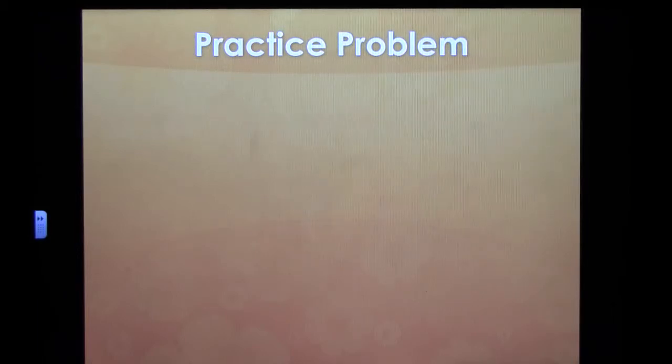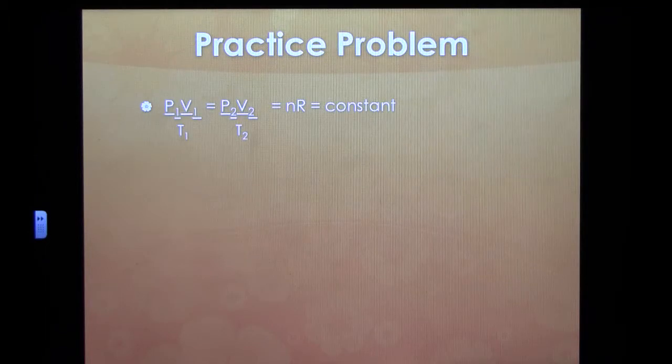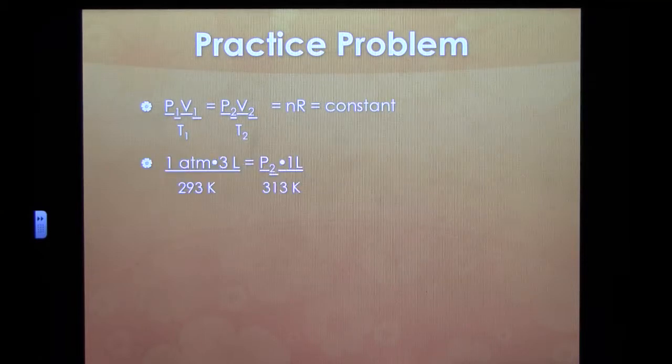Because we are comparing two states of the same gas, we can use the equation P1V1 over T1 equals P2V2 over T2. We plug in the initial pressure, 1 atmosphere, the initial volume, 3 liters, and the initial temperature.